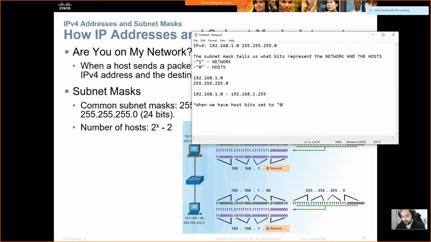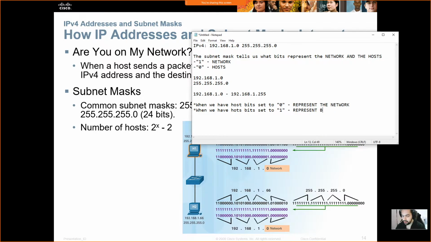When we have host bits set to 0, we are representing the network. We represent the network. And when we have host bits set to 1, we are representing broadcast, something called the broadcast address.